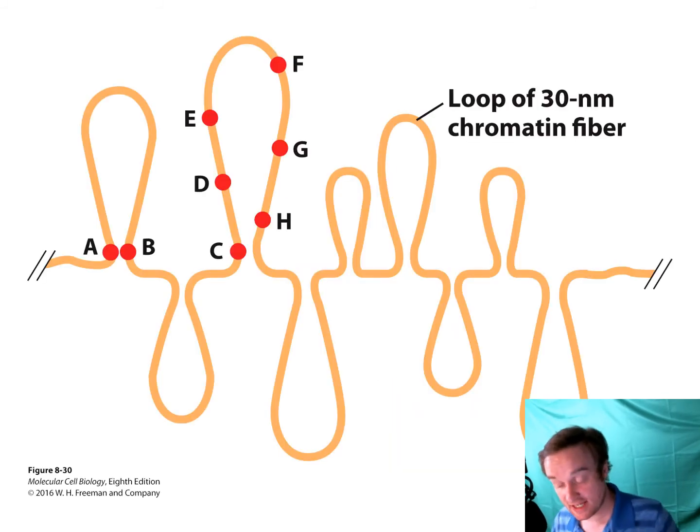So if we take another step back and look even more large scale, we have these formations called chromatin loops. And these red dots here are non-histone, non-chromatin proteins.